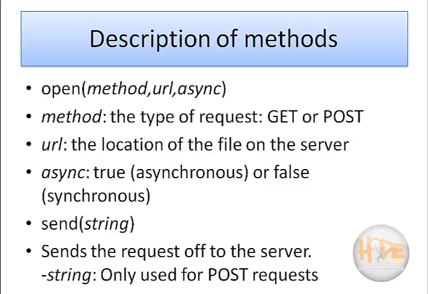It is only used for POST requests, that is, the string parameter should be passed only when used for a POST request. Otherwise, if the request is GET, we simply write XMLHttpRequest.send with null inside the parentheses.